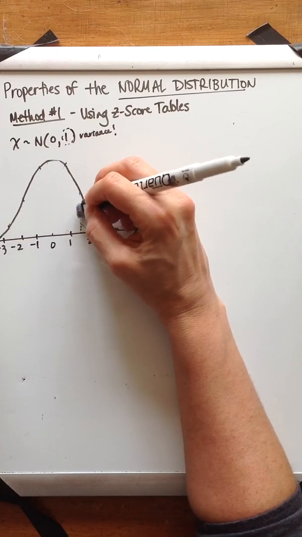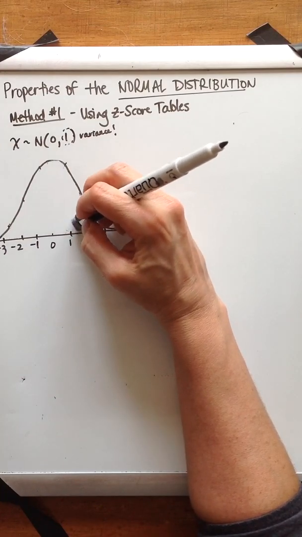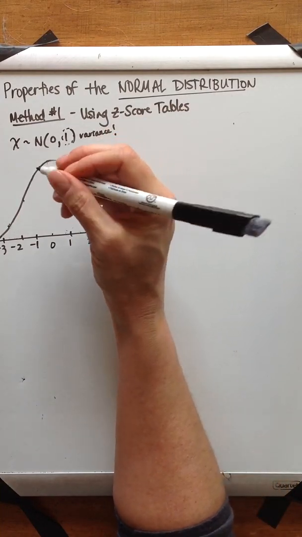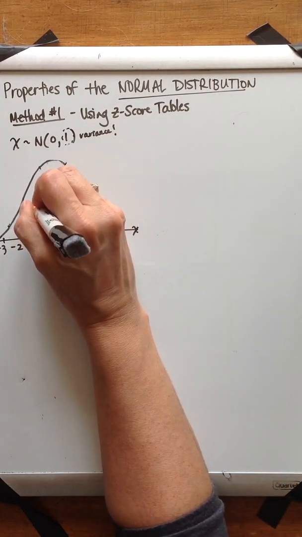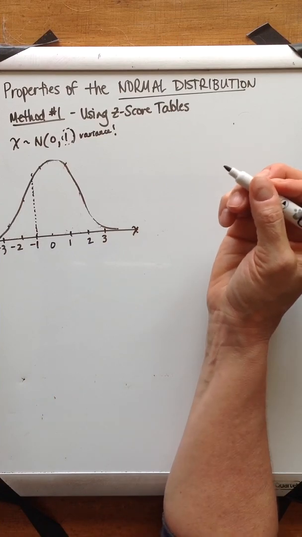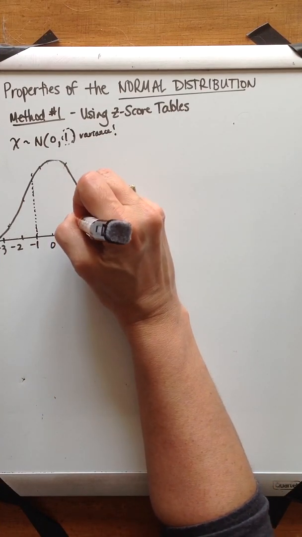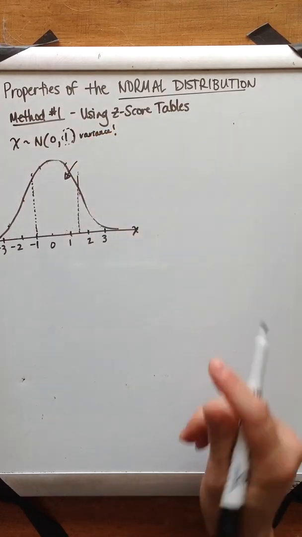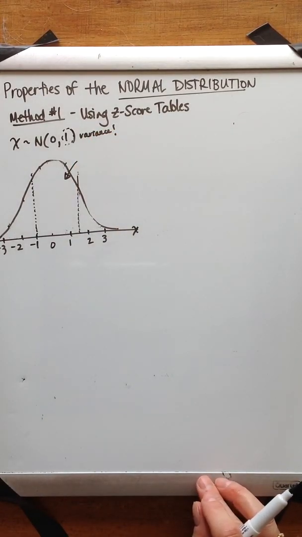So I'm going to sketch out where those bottom end and upper end thresholds are. So -1 would be about here, and 1.5 would be about here. So the question is asking me for the area under this section here.